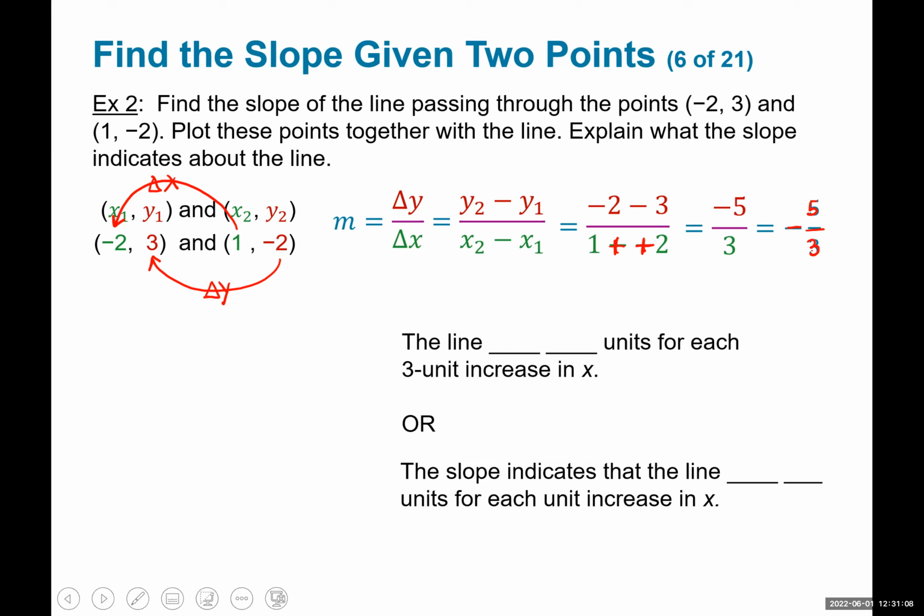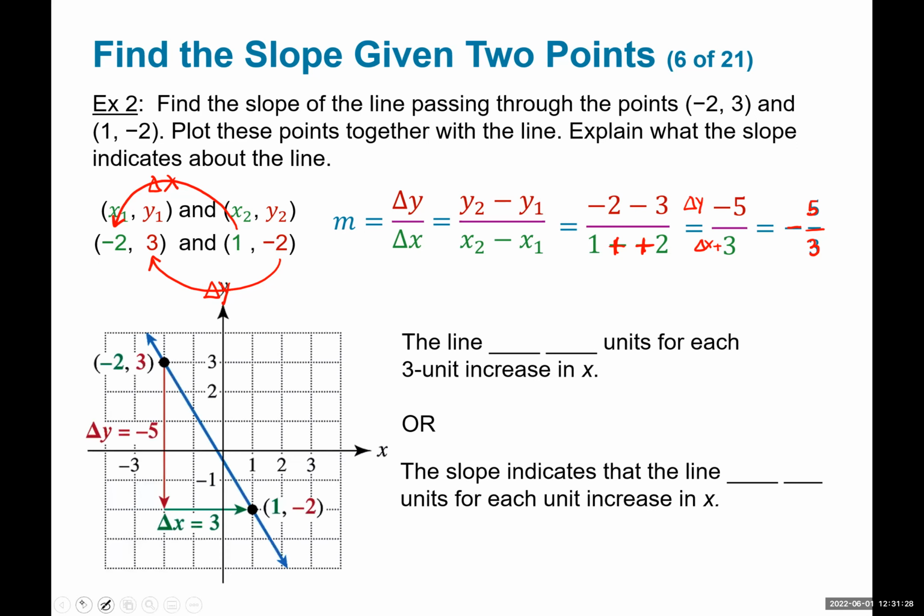What does this mean? This means that the line falls blank units for each 3 units increase in X. So we have an increase in our X change. The change in X is an increase of 3. And it looks like it's decreasing by 5 units in the Y, for the change in Y. So it's falling 5 units, okay? So in this case, if we were to plot those 2 points on a graph, which I highly suggest, now you can see that this is a negative slope.